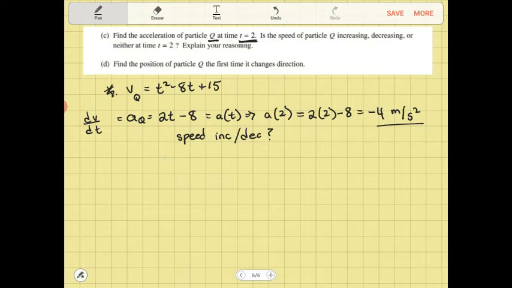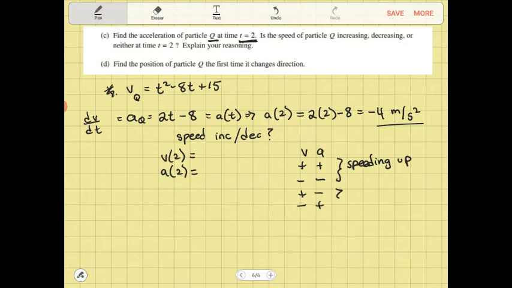Well, we look at the velocity at 2, and we also look at the acceleration. If your velocity and acceleration have the same sign, then the particle will be speeding up. If velocity and acceleration have opposite signs, then the particle is slowing down.